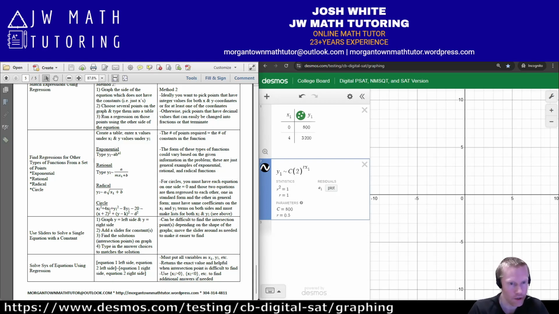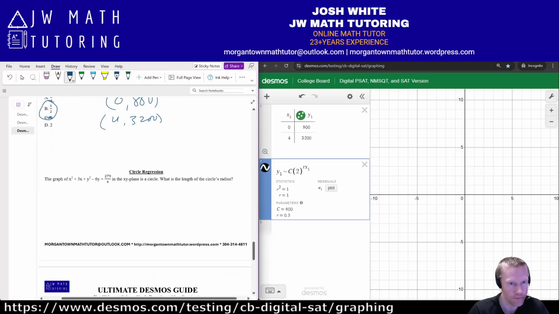Okay, so here is an example of what I'm talking about. All right, here is an equation of a circle, and we want to know what is the length of this circle's radius. So I'm going to do this using circle regression. First step is you have to get everything on one side equal to 0. So you need to subtract the 279 minus 4 over to the left.